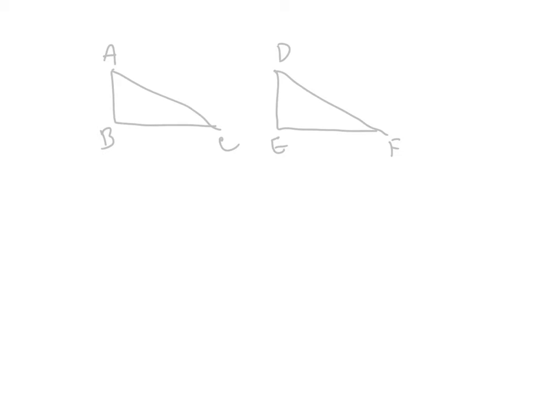So if it said that, let's say AB and DE were congruent and angle A and D were congruent, and you had to use angle side angle, then what is left that needs to be congruent?